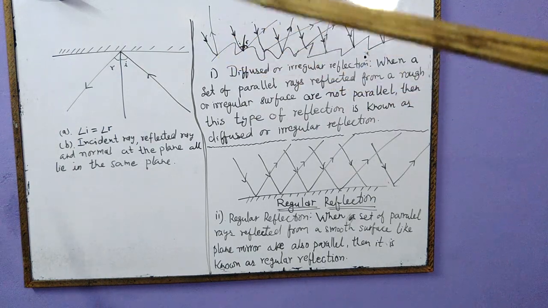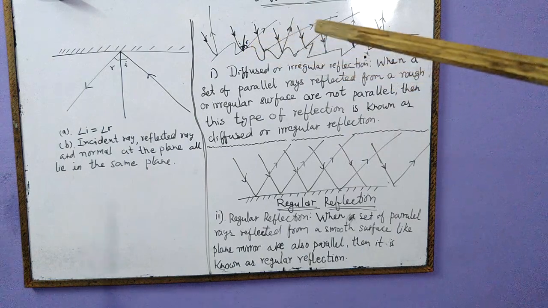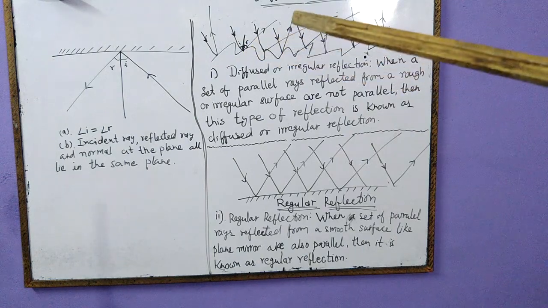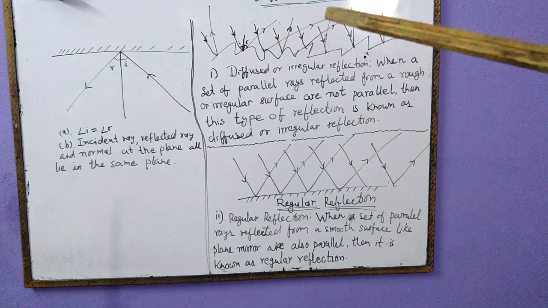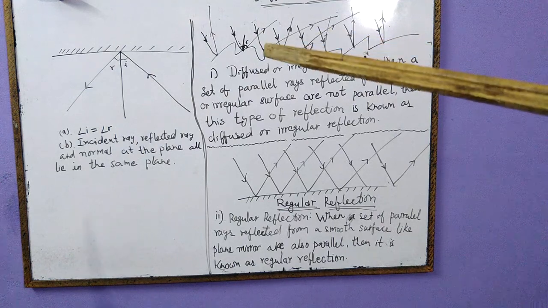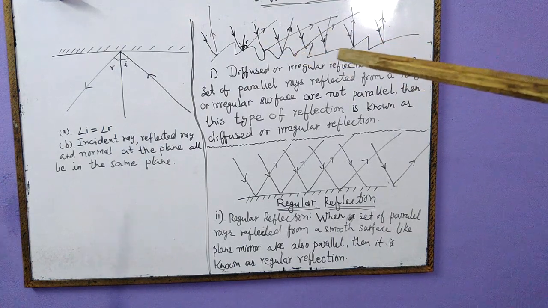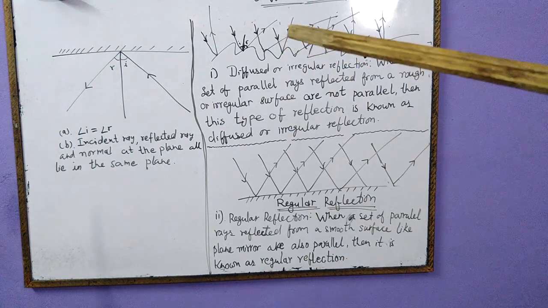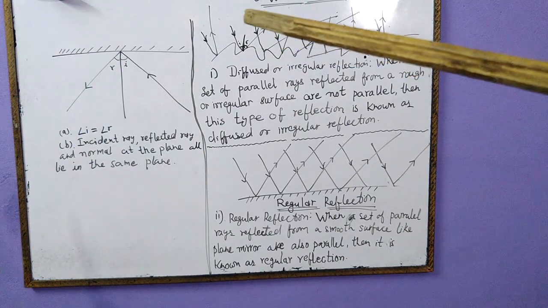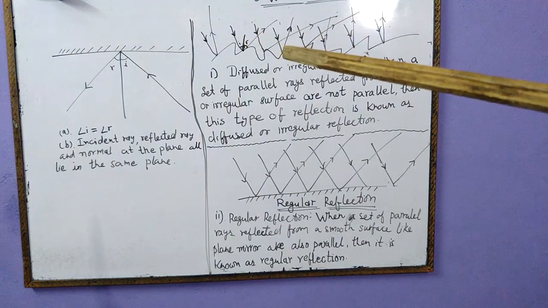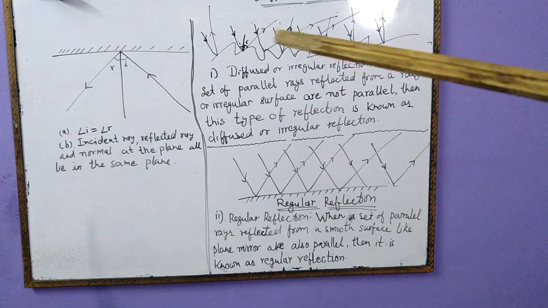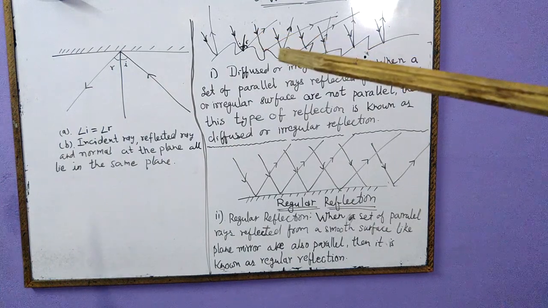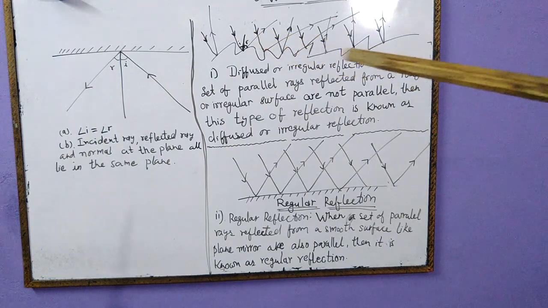You can see this one is going that way, second is giving this reflection, third one is giving this one, and then this and this. All the lights are reflecting in a different manner. So reflected rays are not parallel, but the incident rays were parallel.